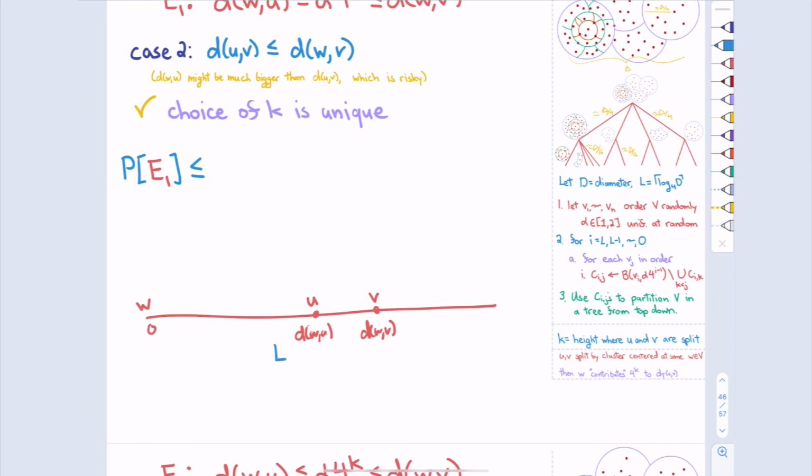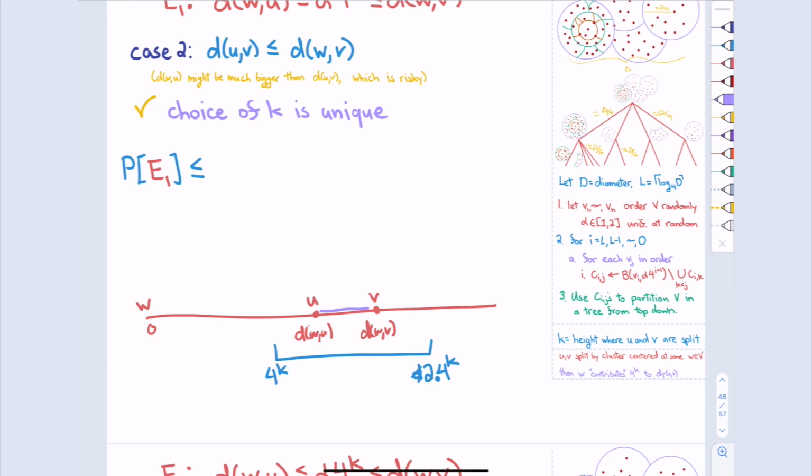And we're going to choose some value uniformly at random from some interval between 4 to the k and 2 times 4 to the k. So I'm throwing a dart somewhere in the blue region, and event E1 occurs if it falls into purple.